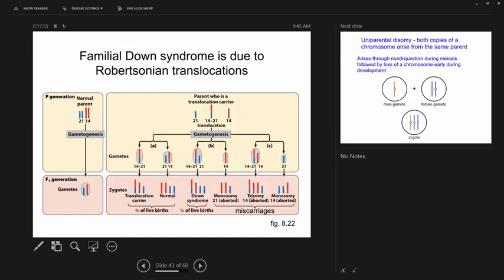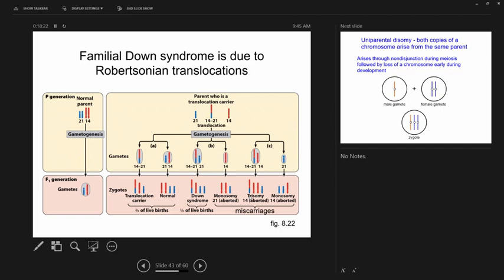All right. So familial Down syndrome, where it runs in families, is actually the result of a Robertsonian translocation, almost always between chromosomes 14 and 21. In a normal individual, here's chromosome 14, here's chromosome 21. The gamete will have one of each.